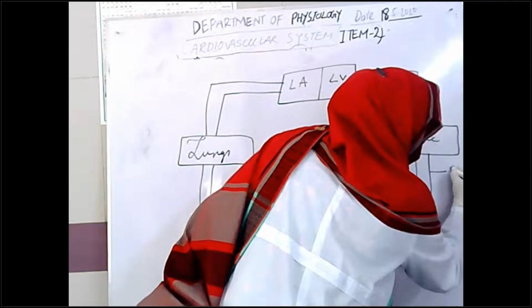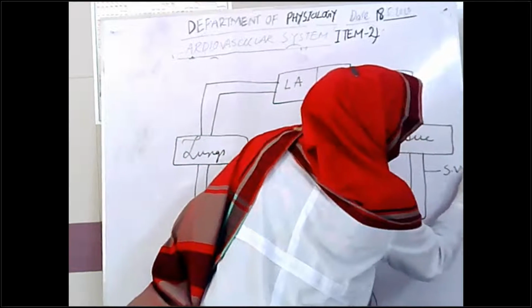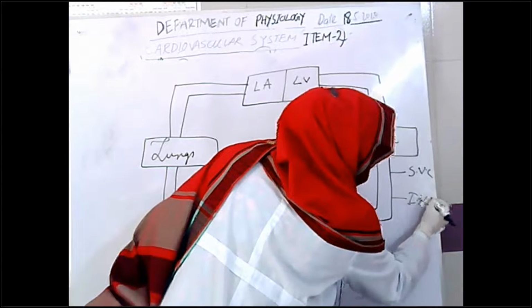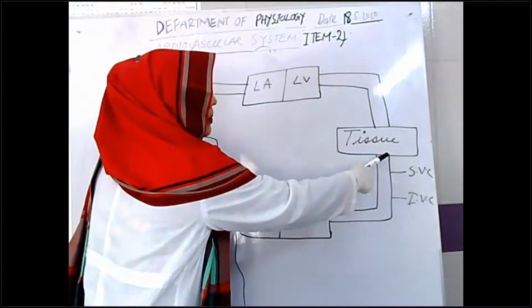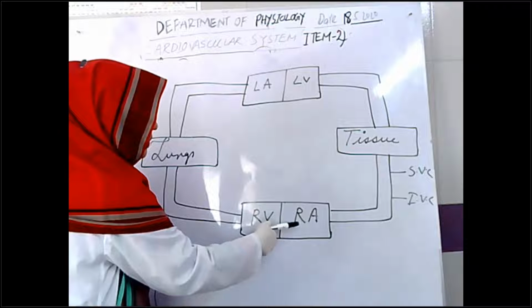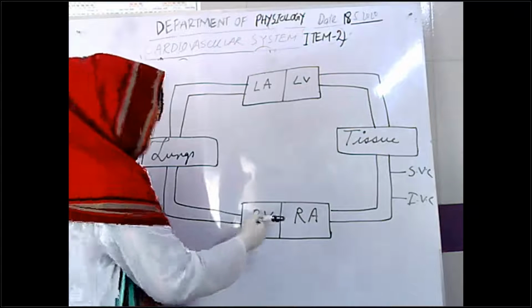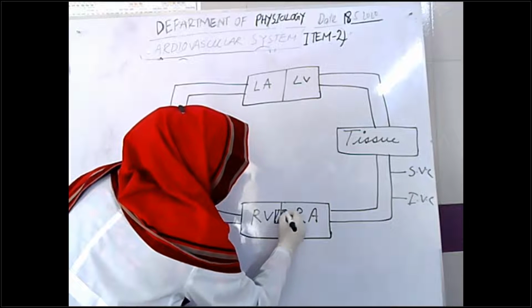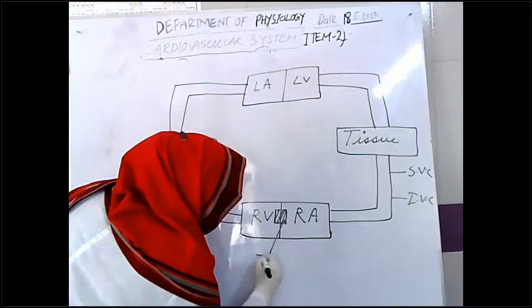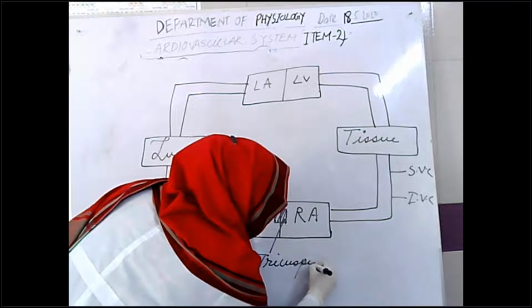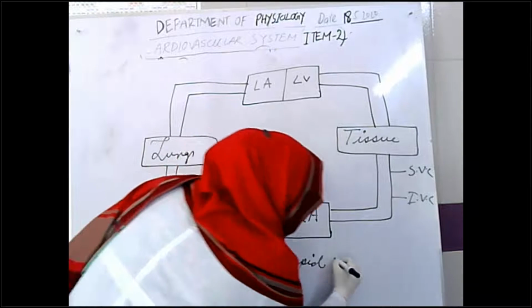From superior vena cava and inferior vena cava, blood comes into the right atrium. In between right atrium and right ventricle, there is one valve named tricuspid valve. That is an atrioventricular valve.